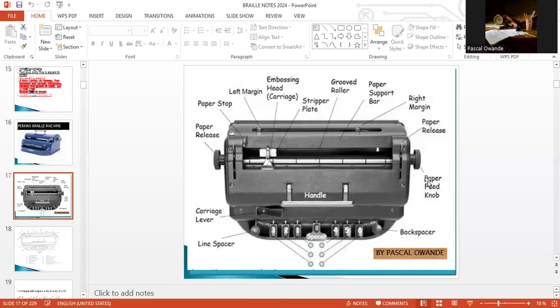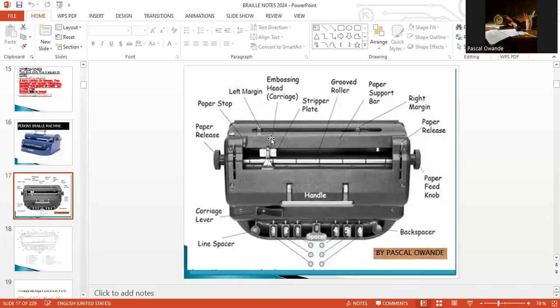Then we have the paper feed knobs, which are now the ones called the Braille ears. They are used to feed the brown paper, the white Braille paper, into this machine and out of the machine. We have the handle that is used for transportation or carrying of the Perkins Braille machine.